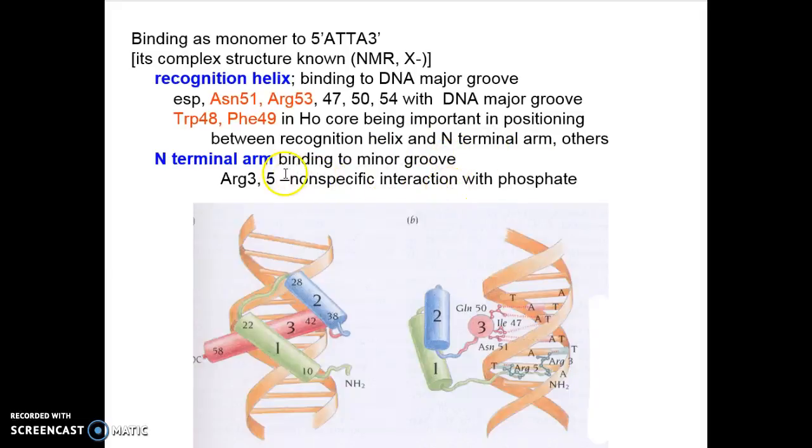The N-terminal arm, this green one, also binds to the minor groove, this region. Arginine 3 and 5 make a non-specific interaction with phosphate.